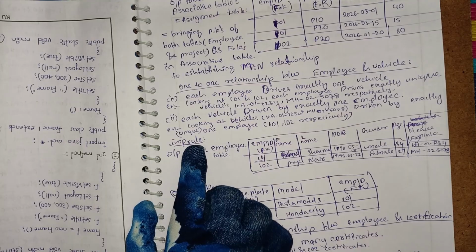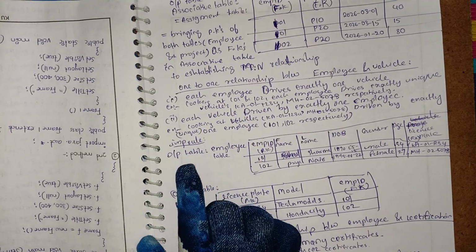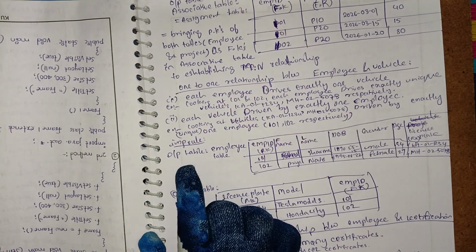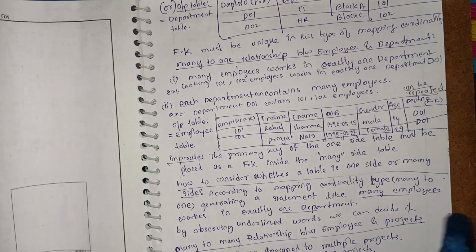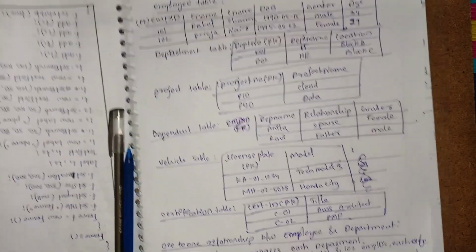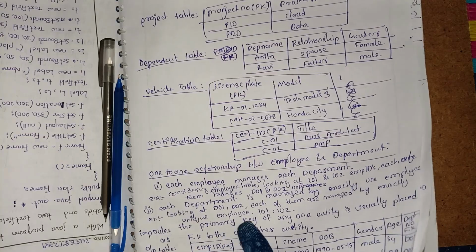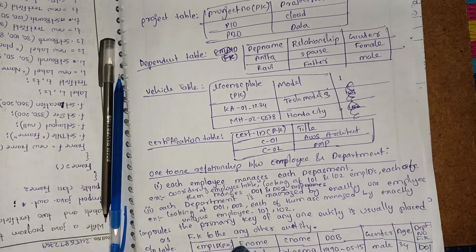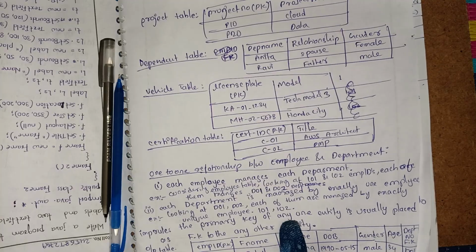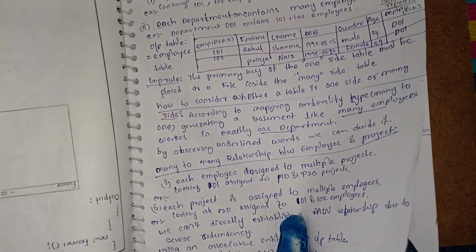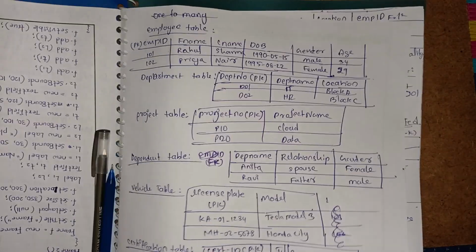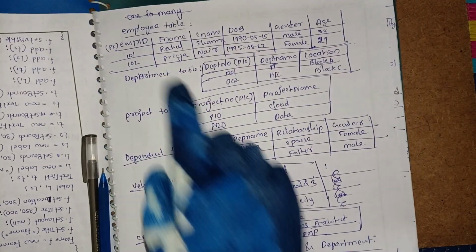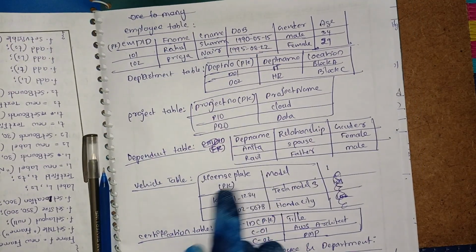Here the important rule is, you already know, the primary key of any one entity is usually placed as a foreign key to the any other entity. Here the entities are employee and vehicle table.